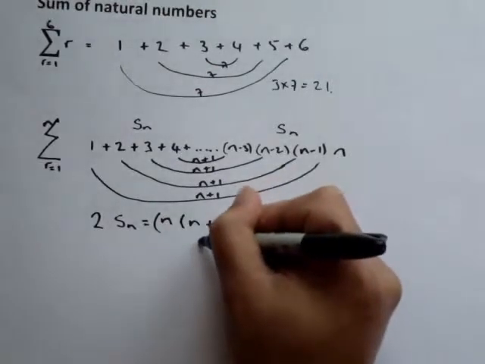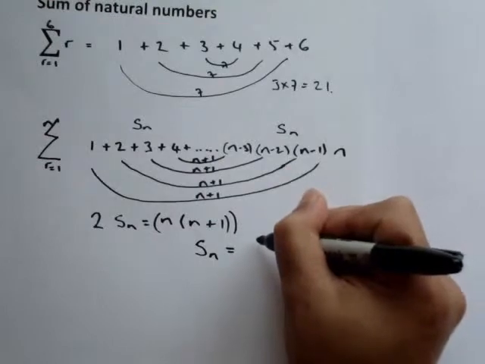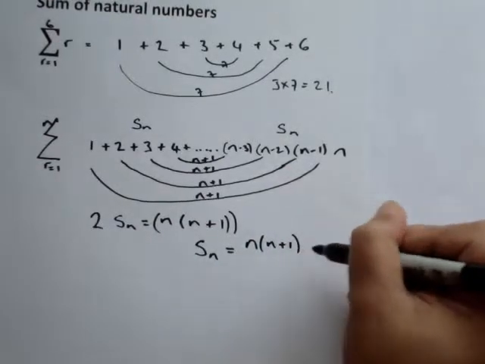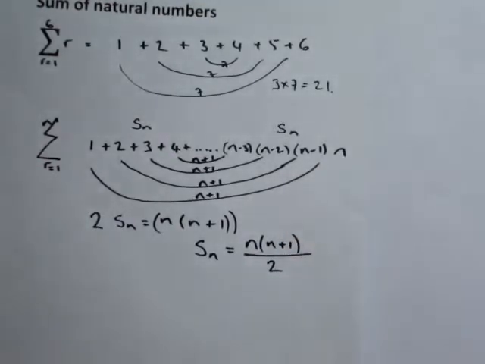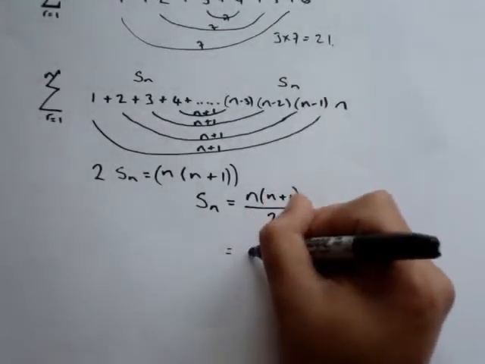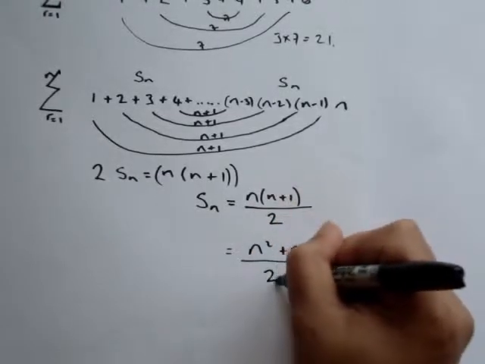So our sum would then equal n times n plus 1 over 2. And then another way of writing that is n squared plus n over 2.